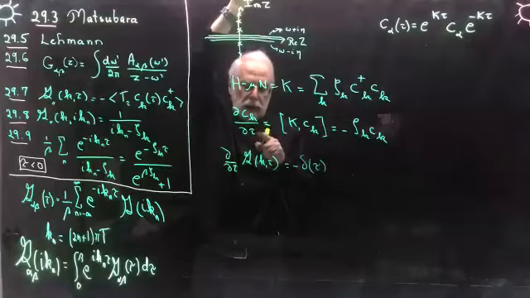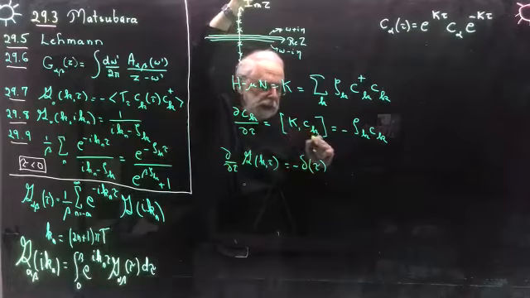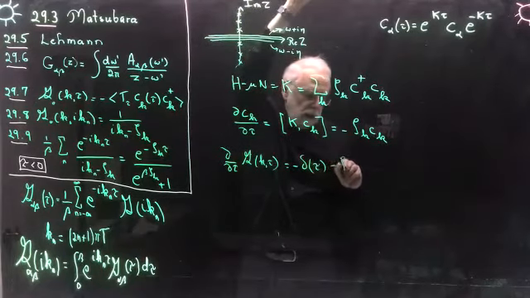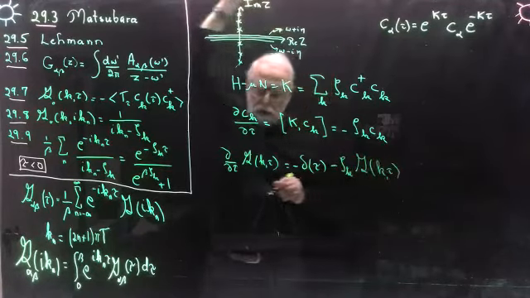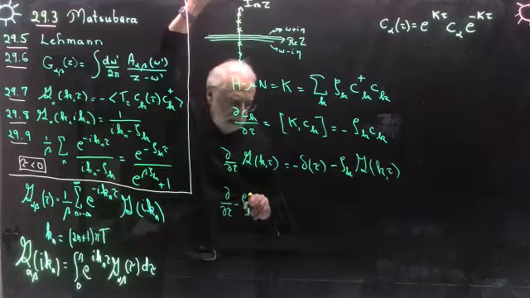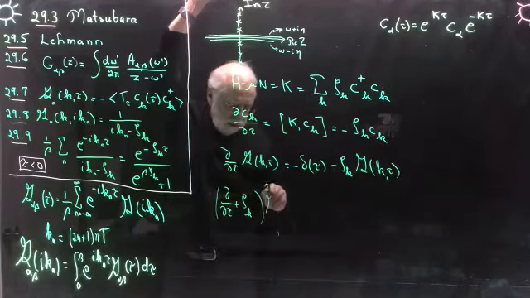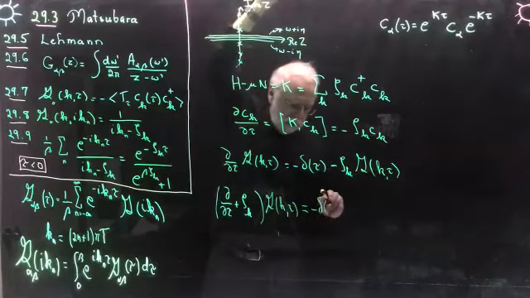And when the time derivative acts not on the time ordering operator but on the c, that gives me minus zeta k times g of k tau. So the equation of motion is d tau minus zeta plus zeta k times g of k tau is equal to minus delta of tau.